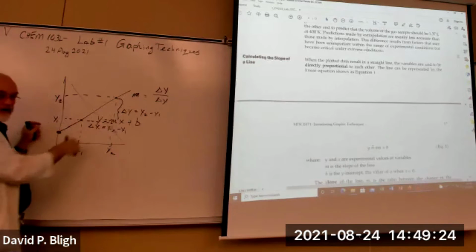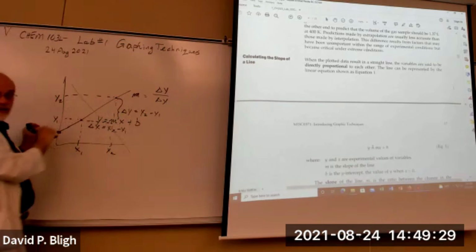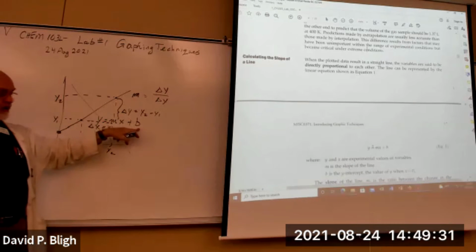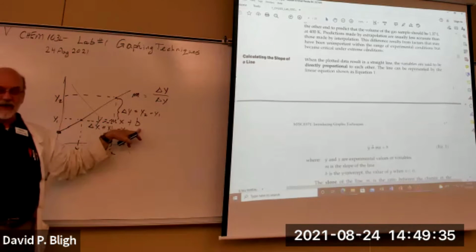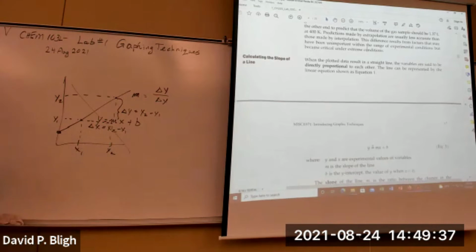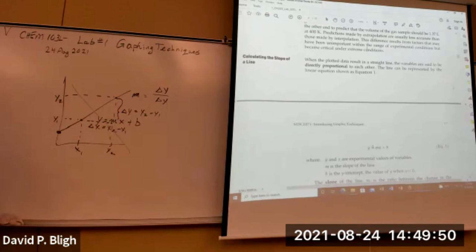After you know what m is, if you plug in x and y that are related by a data point, then you solve for the unknown. It's like any equation that's in one unknown, you can solve it. So that's usually what you do. You find out what the slope is, then you plug in x, y, and the slope, and find out what the y-intercept is.